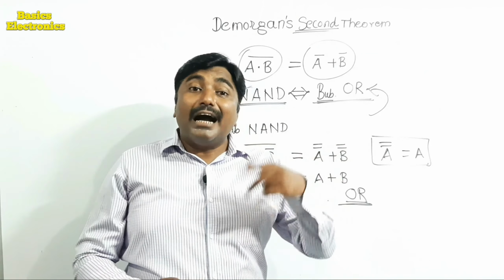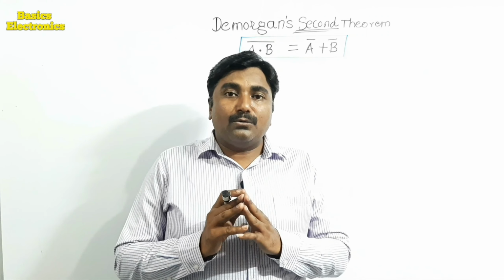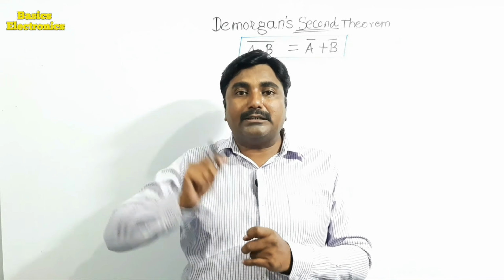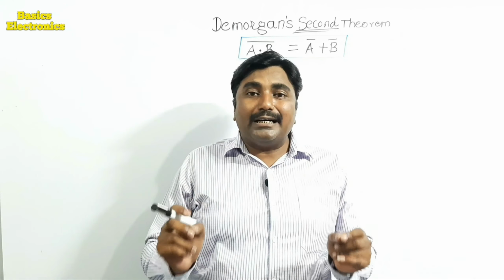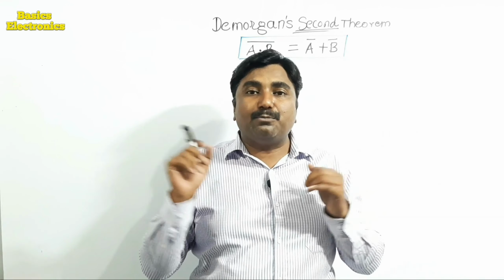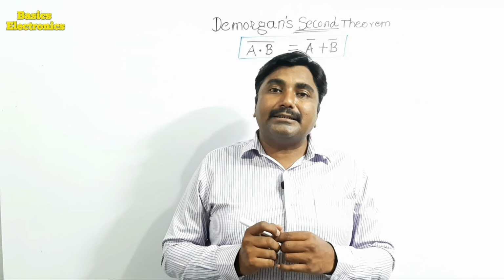Okay. Now we give the proof for De Morgan's theorem. But how can we prove it? Again, we follow the same method which we followed in the first theorem. So we assign the values of A and B for the left hand side and the right hand side to prove De Morgan's second theorem.